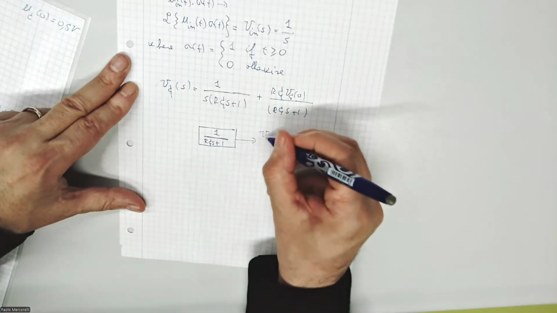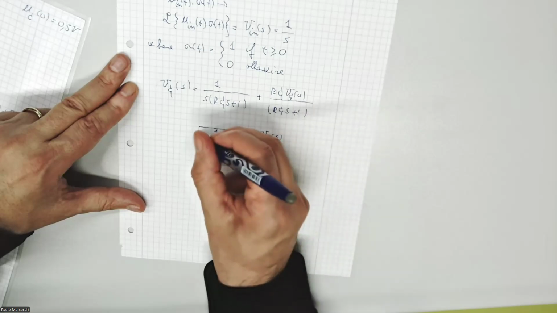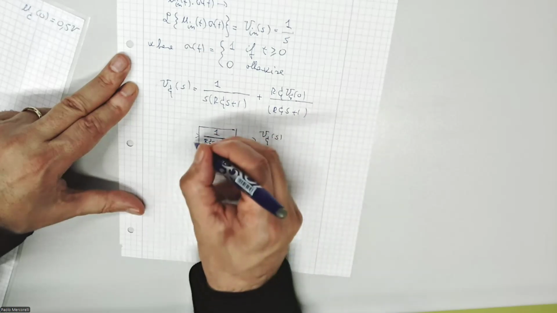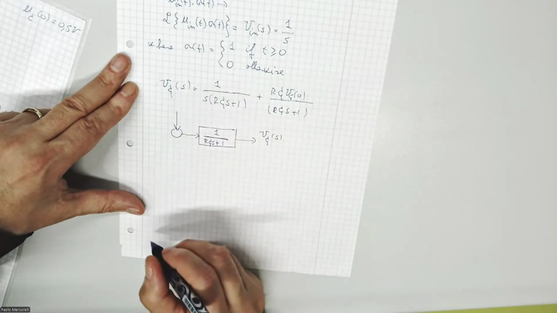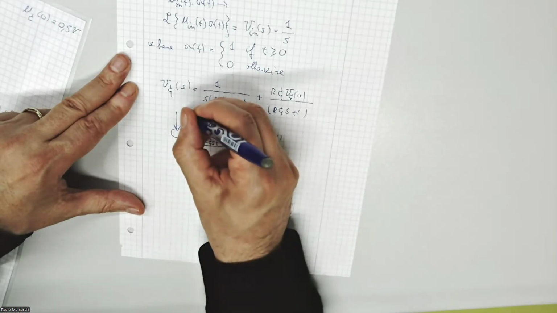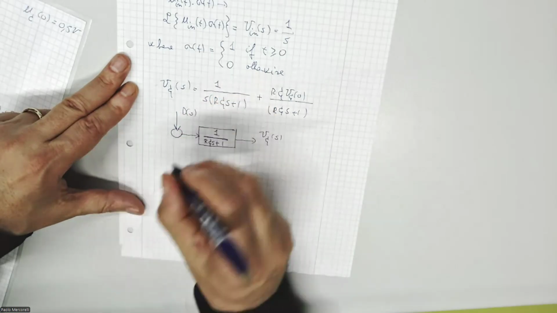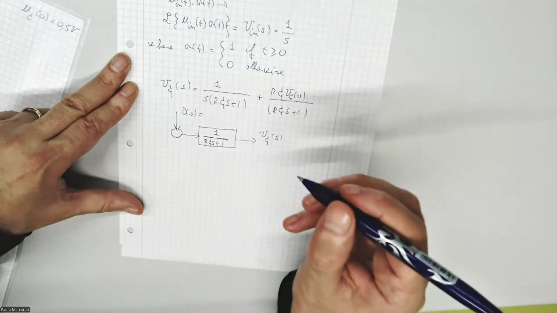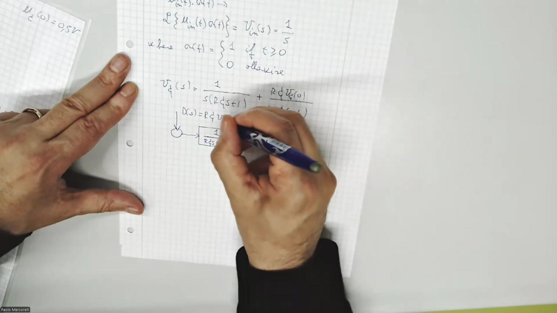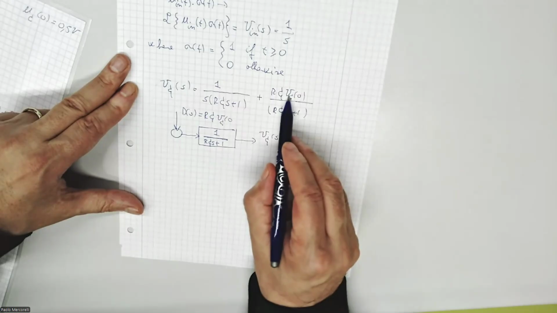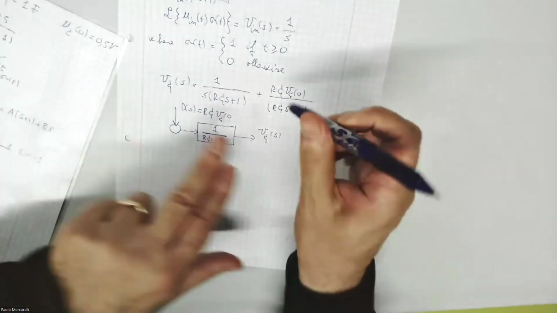Here we have UC of s. And here we have two signals. D of s equals RC times uc at time 0. This u is not capitalized.